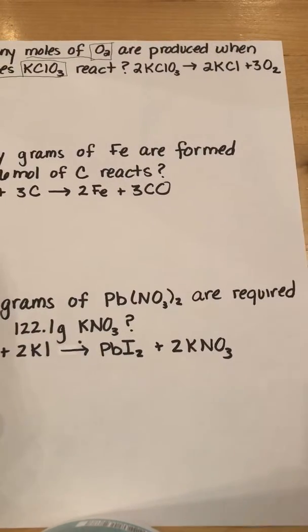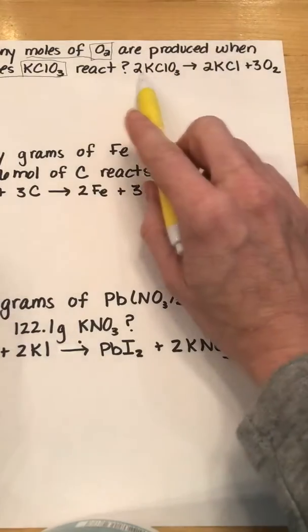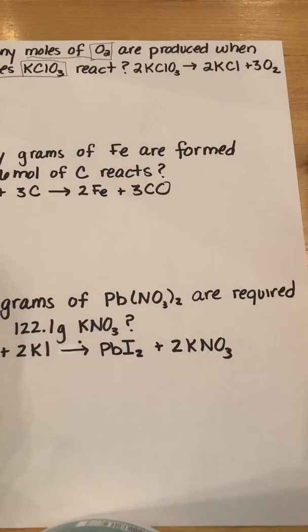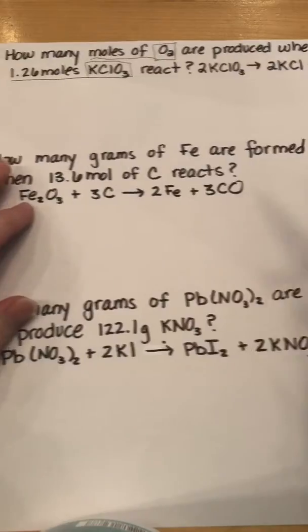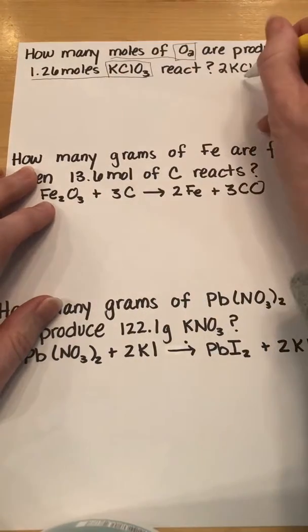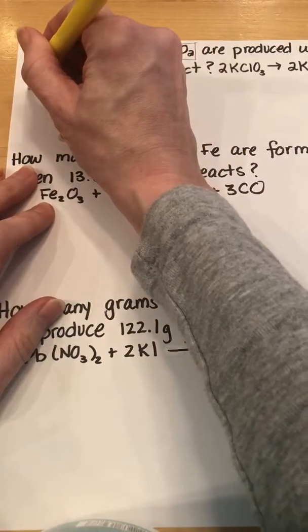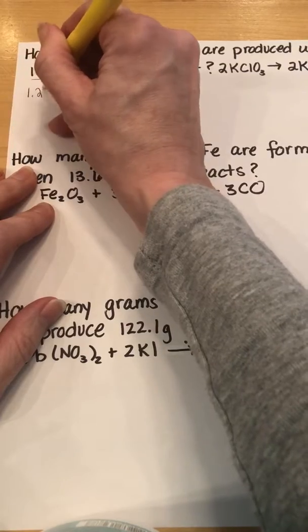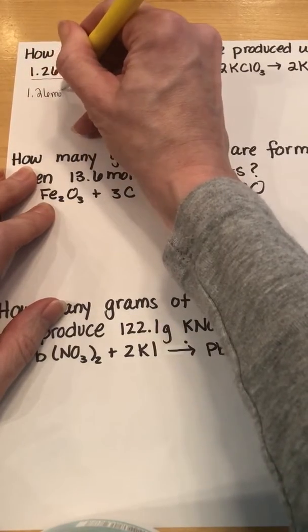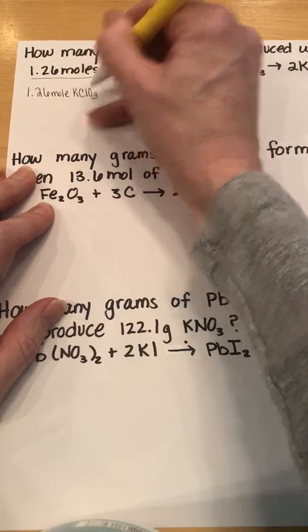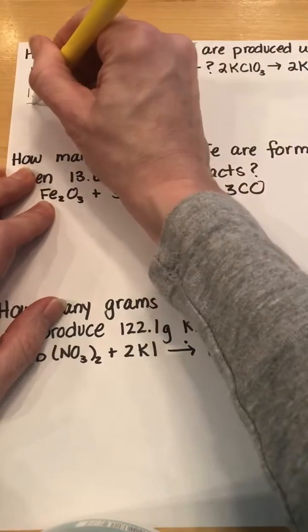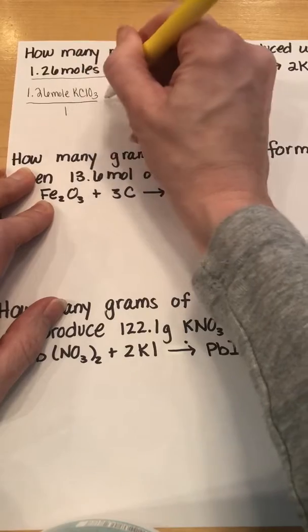So in this case though, for the sake of time, I'm just going to have the formula or the equation given to you. For this particular one, we're starting with 1.26 moles of KClO3. So I'm just going to go ahead and start my problem with what I'm given in the problem. And I always take what I'm given and I put it over 1.